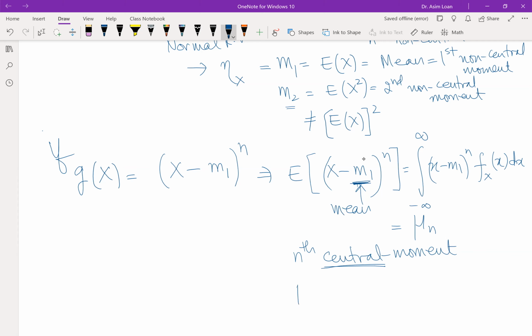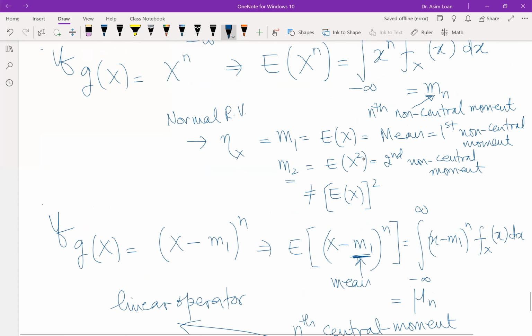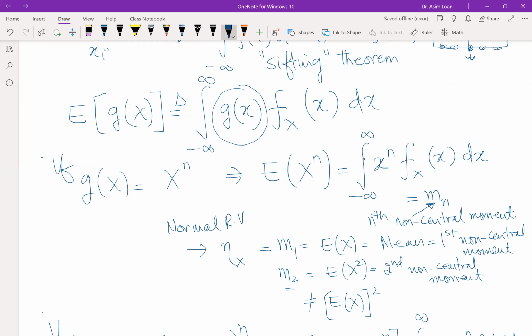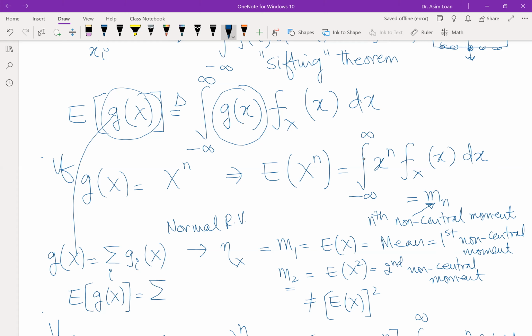So the nth central moment, mu of 1, is actually the expected value of x minus m1. And what is this equal to? Remember that expectation is a linear operator. If you go back to the definition, if g of x is a summation of gi of x, then the expected value of g of x is the summation of the expected values of gi of x.